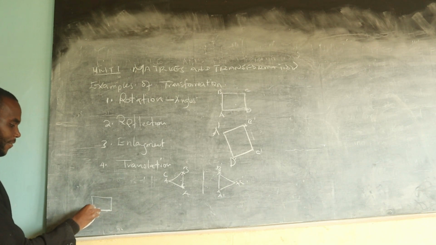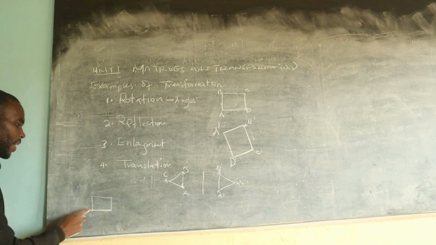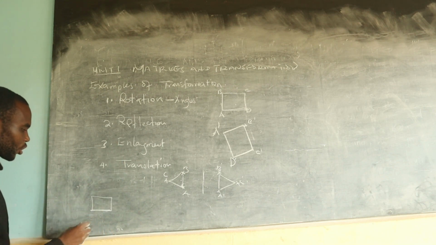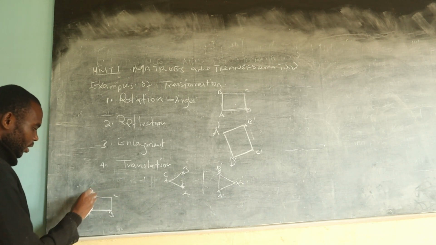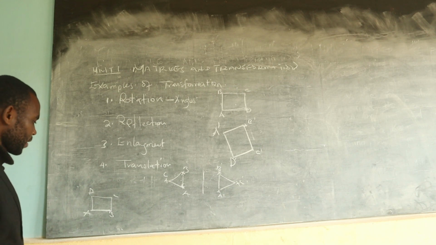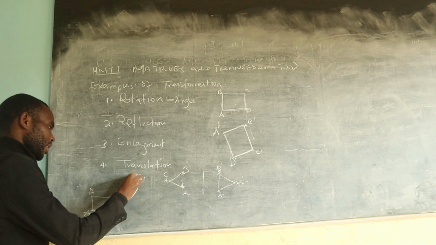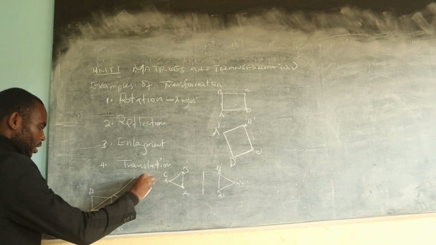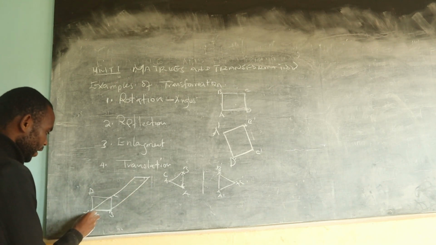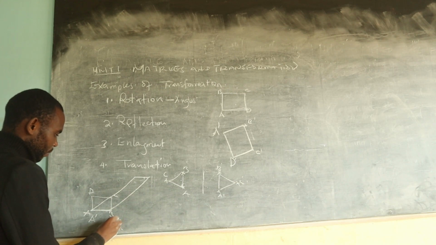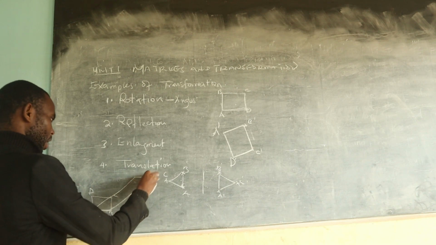There is the invariant line, which will not change. These other lines will change, but this one will not change. So my invariant will be A, B, C, D, if this is my rectangle, just a sketch. This is the invariant line. This one will be my A prime, B prime, then my C prime and D prime.